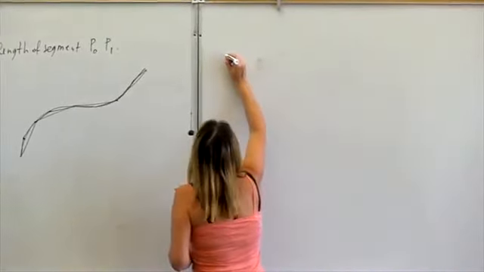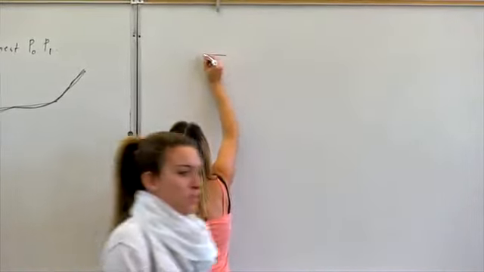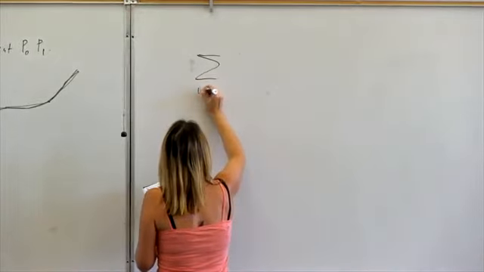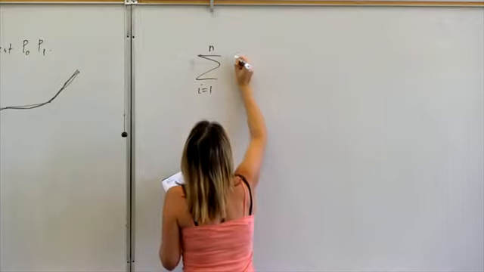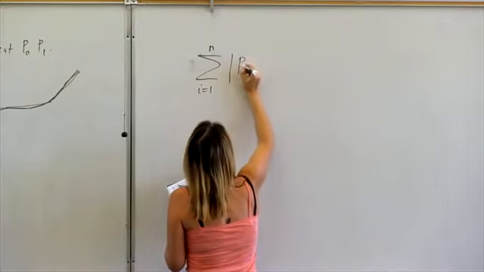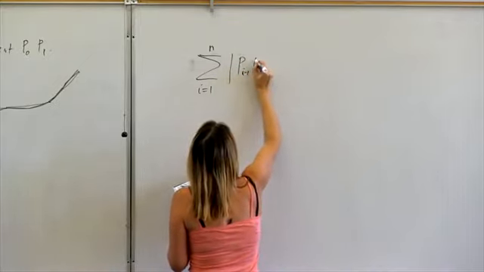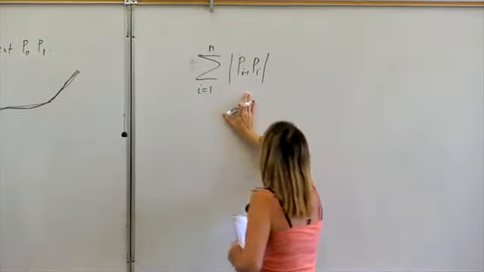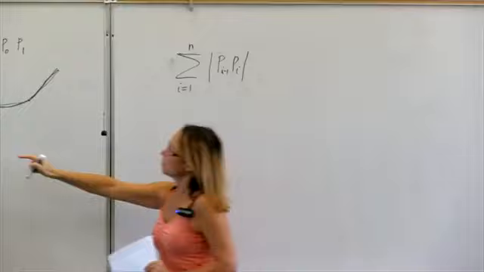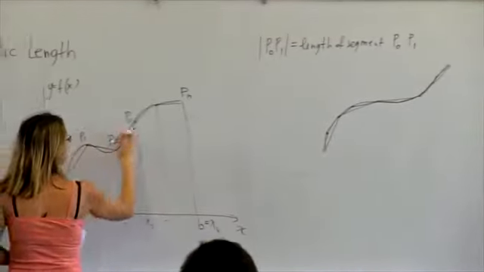So we can create a sum where i goes from 1 to n, and here we put |P_{i-1}P_i|. Each of these is a straight segment.